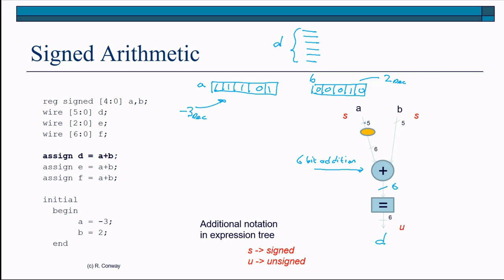And therefore we need to extend our 5-bit input to a 6-bit input for both operands. And this time the extension is a signed extension. In our previous examples we had unsigned extensions, which we denoted with U. Here we have signed extensions, and a signed extension produces a signed quantity. So our two inputs to the addition are signed, and therefore the output is a signed quantity also.